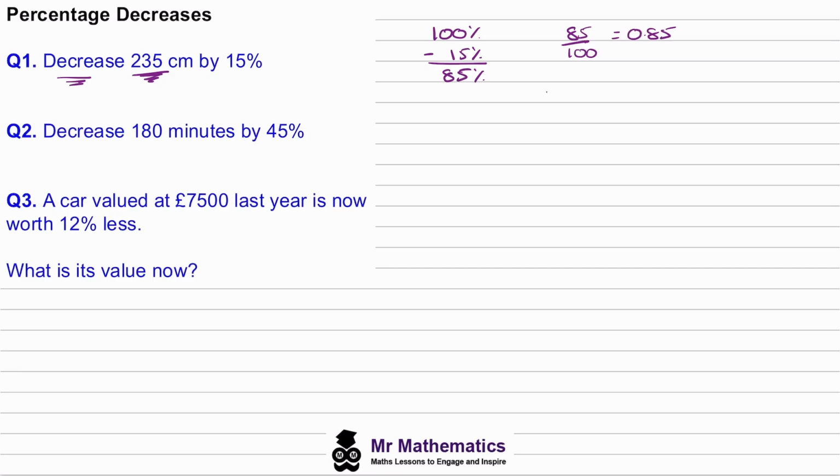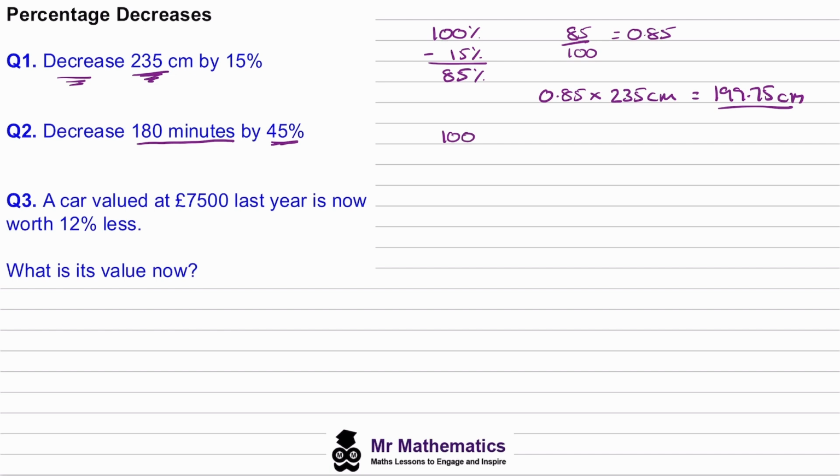So our calculation is 0.85 multiplied by the original 235 centimeters. And this gives us a length of 199.75 centimeters.